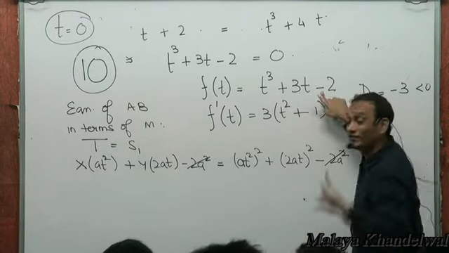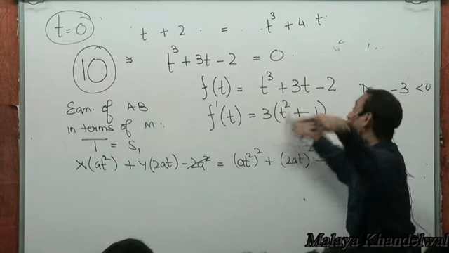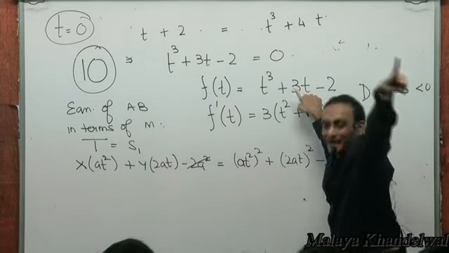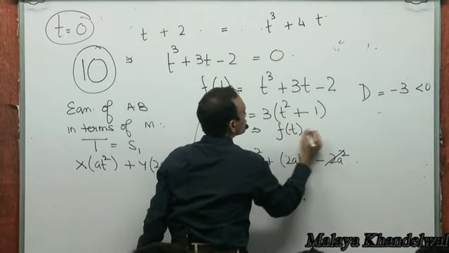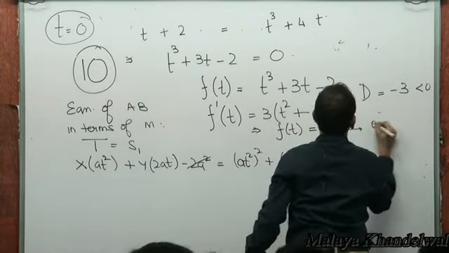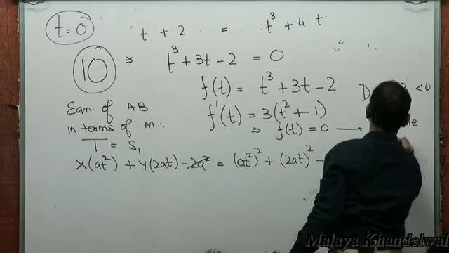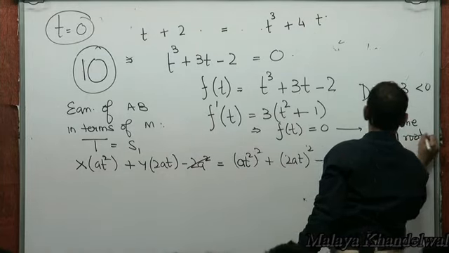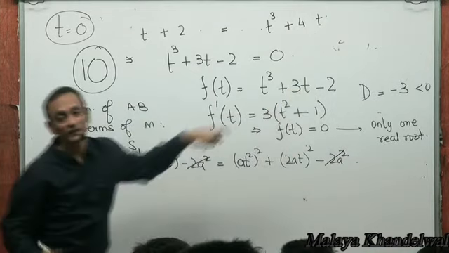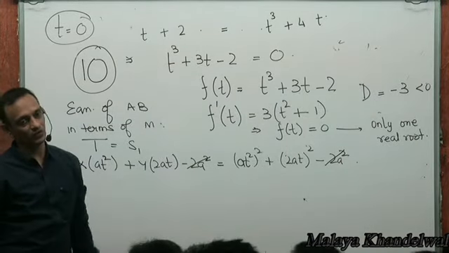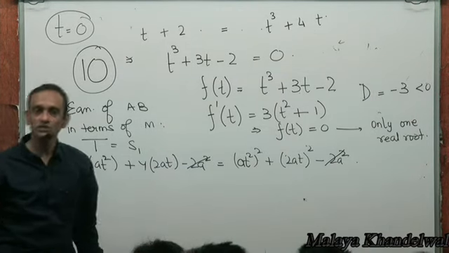Right? So this cubic will have only one real root. If the discriminant of that quadratic is less than 0, then this cubic will have exactly one real root. Yes or no? So f(t) equal to 0 has only one real root. So one is t equal to 0, another real root. This will have only one real root. Got me? Sounds good?